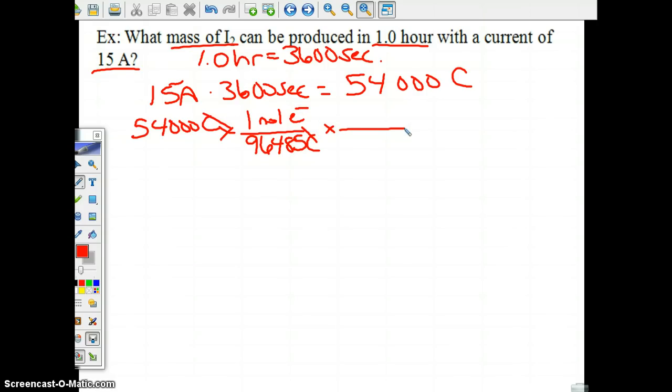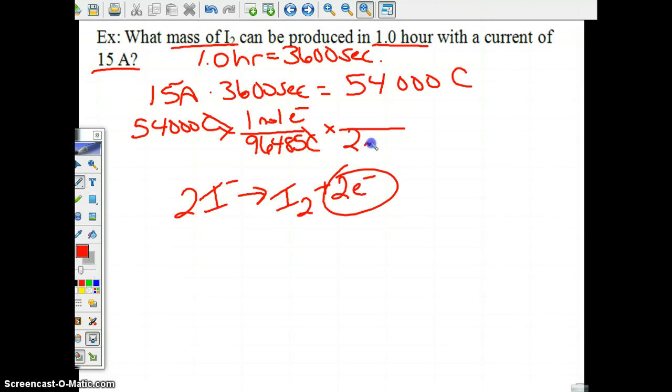Now I'm doing iodine. If we think about iodine being formed, it would be 2. And you can get that right off the chart. We've got the 2 electrons. So we would say 2 moles of electrons per 1 mole of I2.